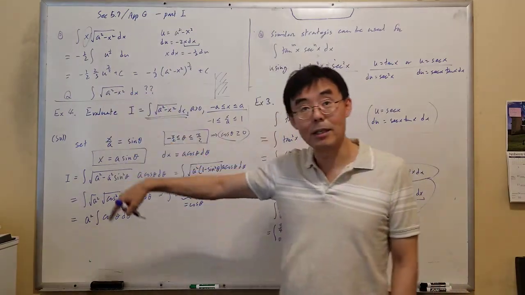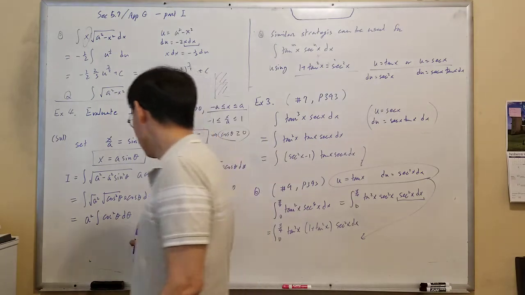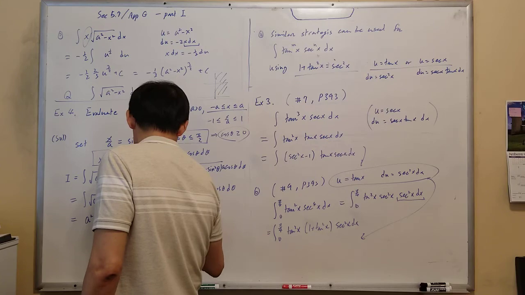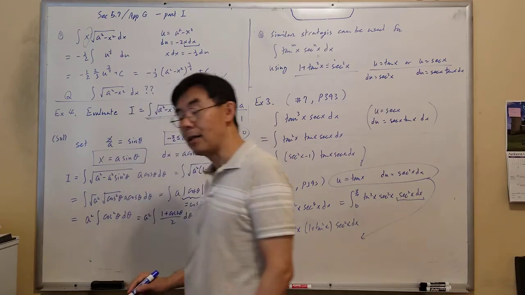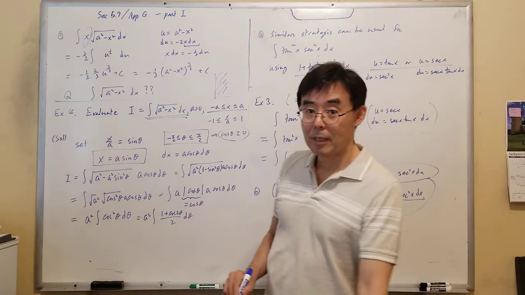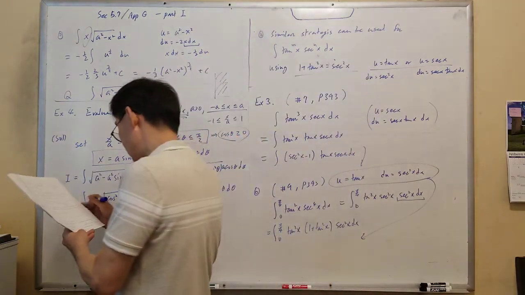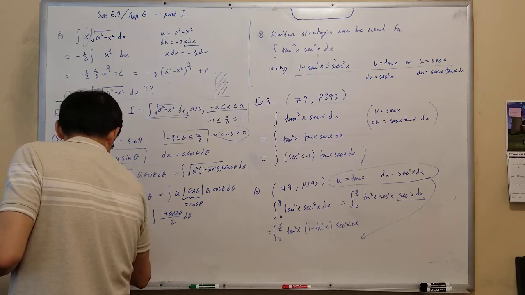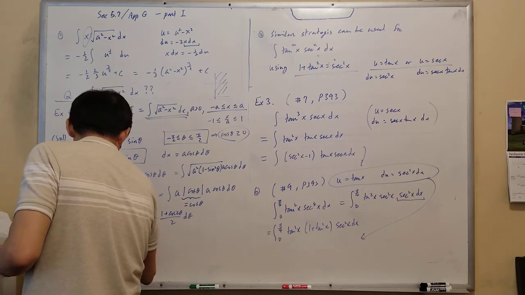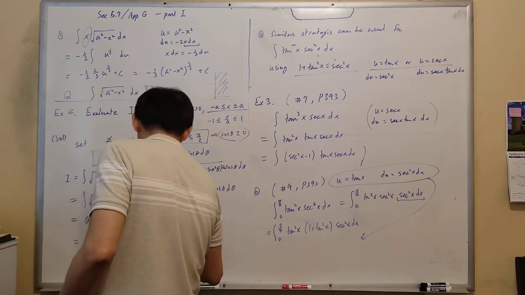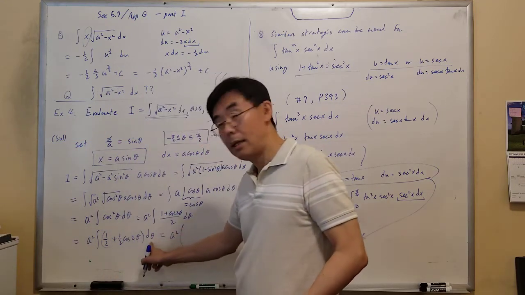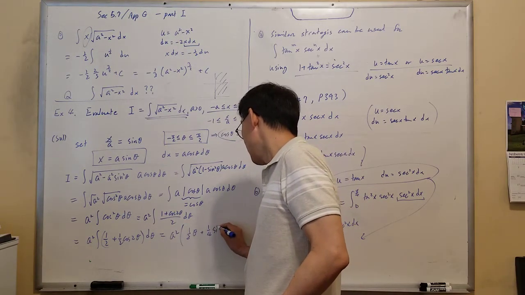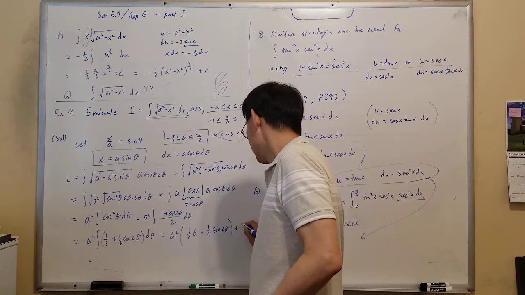And we just learned in the beginning, you use 1 plus cosine of 2 theta over 2 d theta, the half angle formula, or doubling formula variant. So this is a squared, 1 half plus 1 half cosine of 2 theta d theta. So a squared times the integral with respect to theta, 1 half theta plus 1 over 4 sine 2 theta plus c.